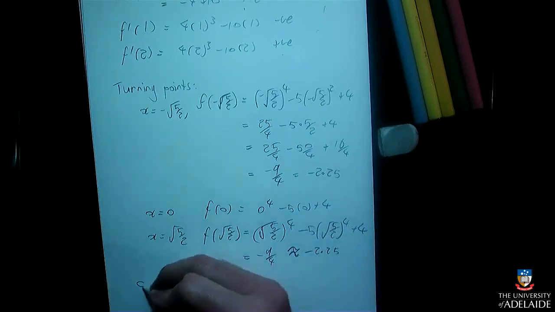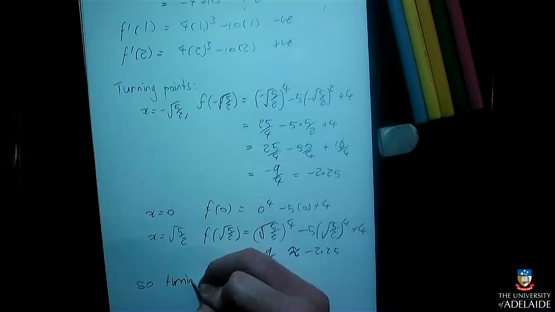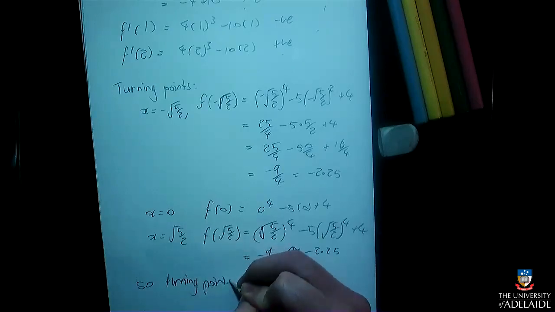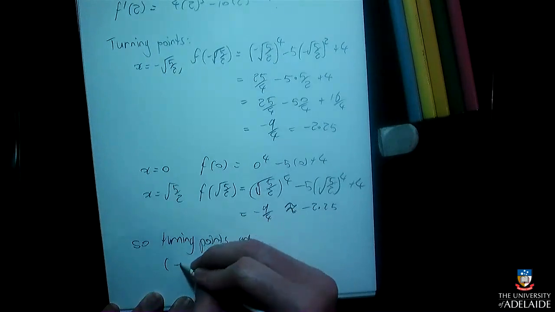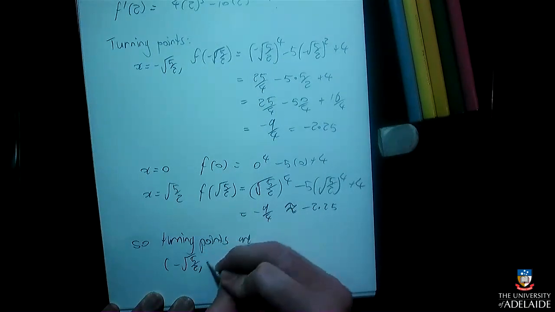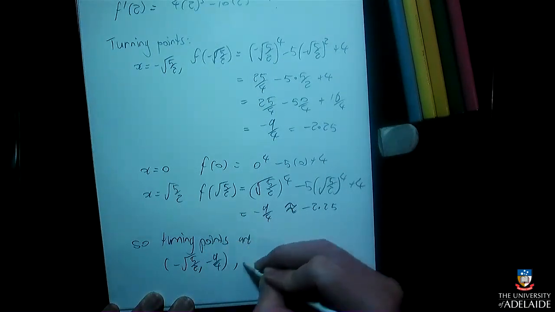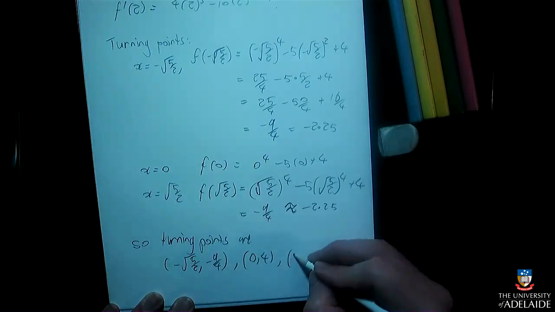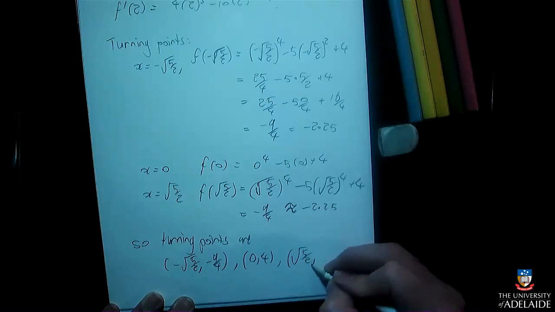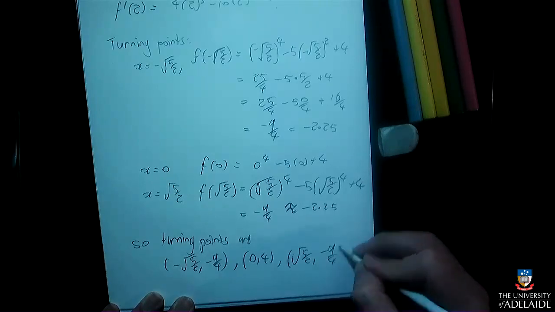Okay, so turning points are minus root 5 on 2, minus 9 on 4; 0, 4; and plus root 5 on 2, minus 9 on 4.